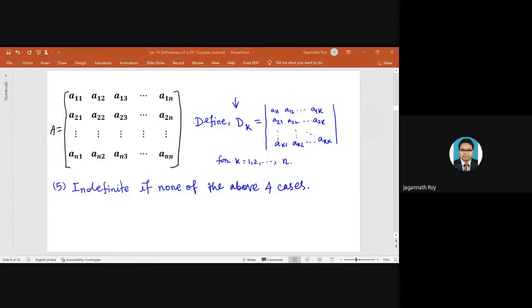But it is a much better way compared to verifying the definitions. For all non-zero x vector, you have to verify x transpose A x greater than 0.